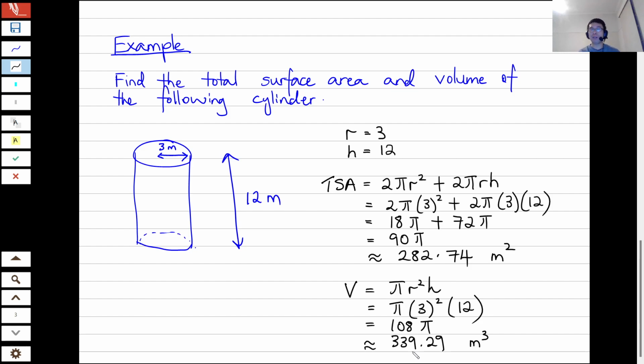Okay, so because we have a standard formula for the total surface area and the volume, it's actually quite straightforward to find the area and the volume of a cylinder. It's much nicer than those triangular prisms where it was really messy and we had to break it up into all these different shapes.